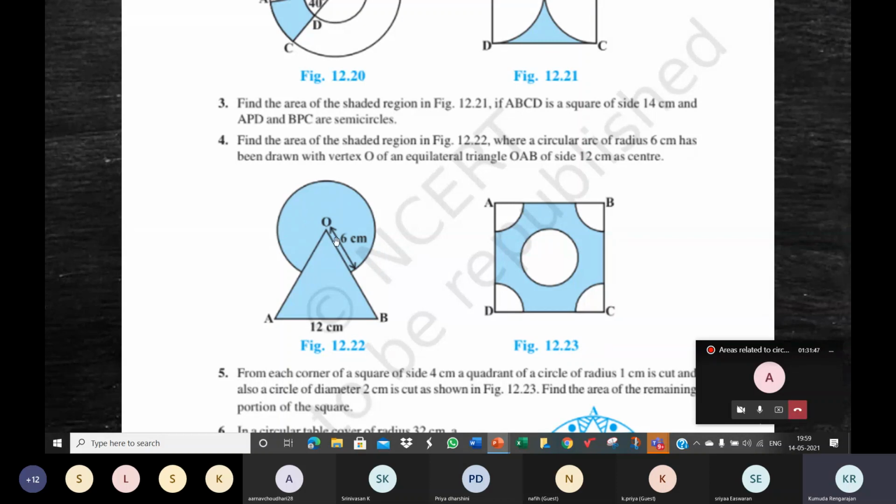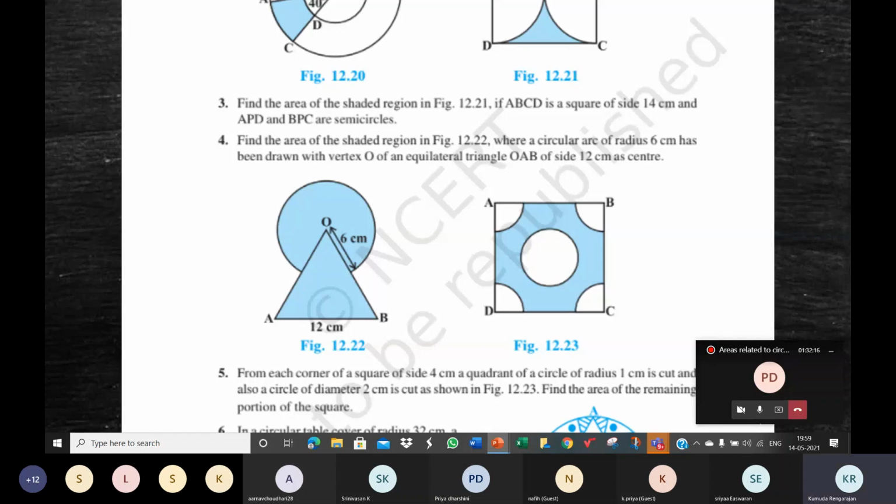It's 300 degrees. So how do we find the area of the major sector? What's the formula? 360 minus theta by 360 into pi r square. So the angle here is 300 by 360 into 22 by 7 into 6 square.